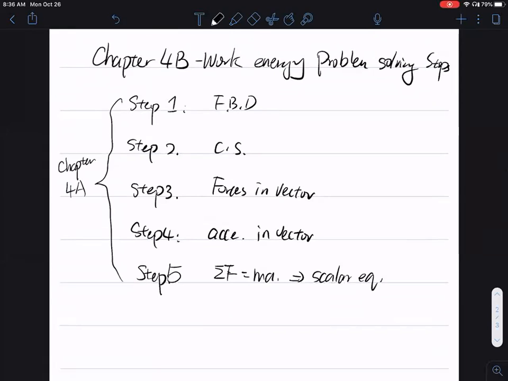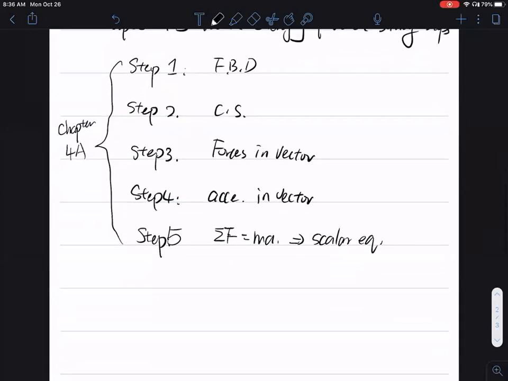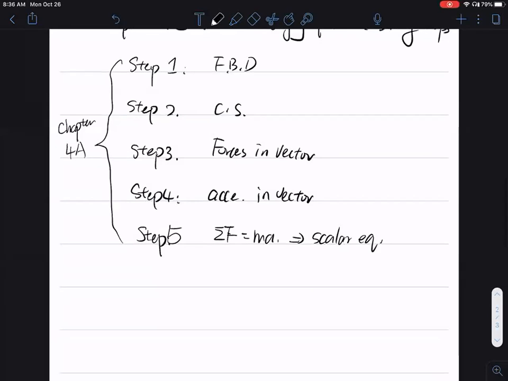Nothing is new in the first 5 steps. But here something's different. In step 6, we have to build a table for kinetic energy for each mass.